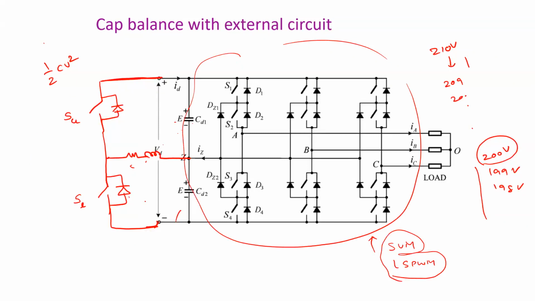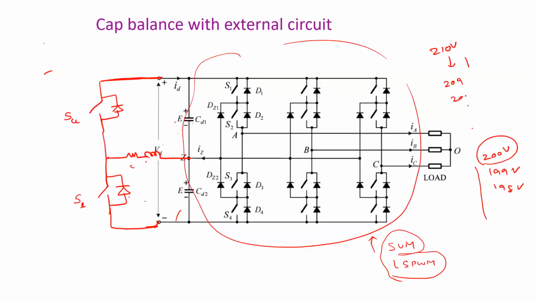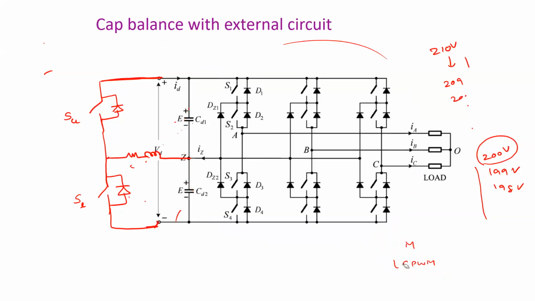But to control this S upper and S lower, we need to implement one algorithm. How exactly is that algorithm? First, we need to compare the capacitor voltages. Let us assume this capacitor voltage is VC1 and this is VC2.